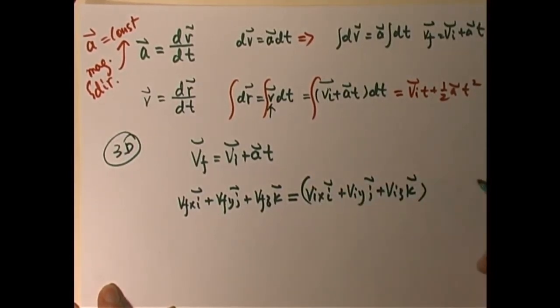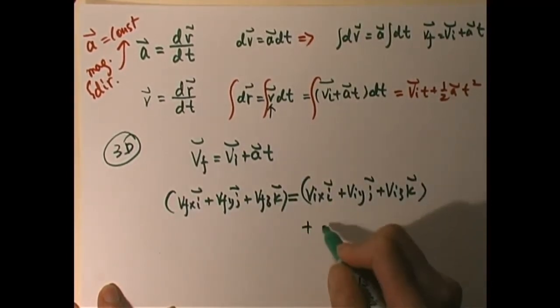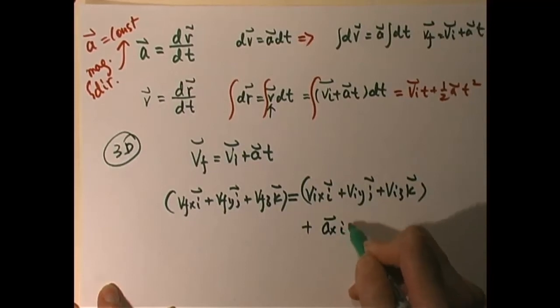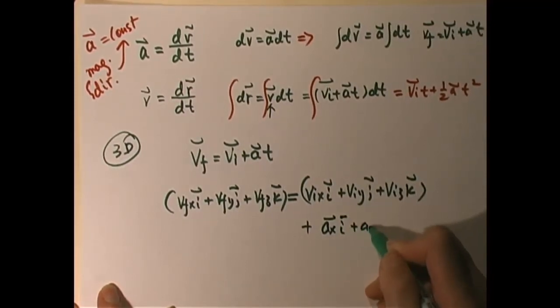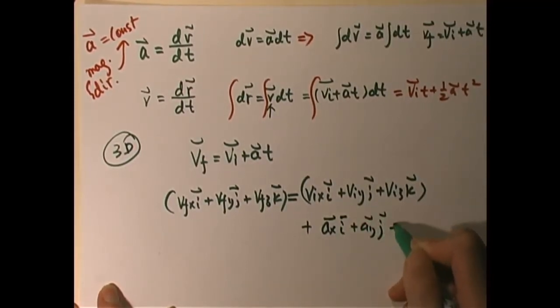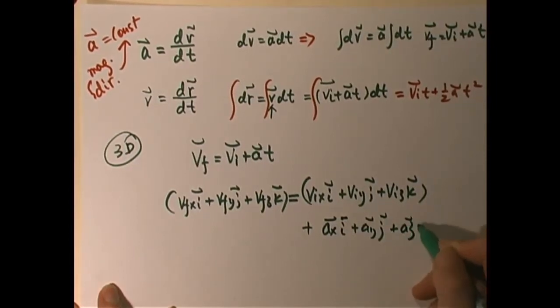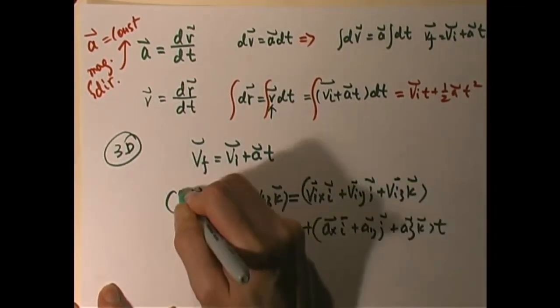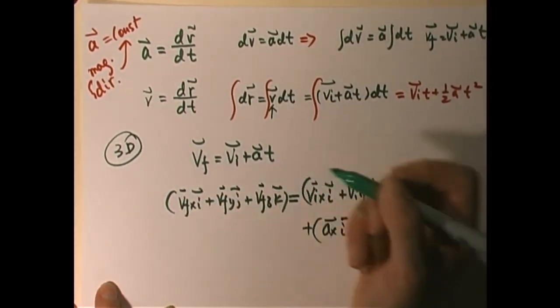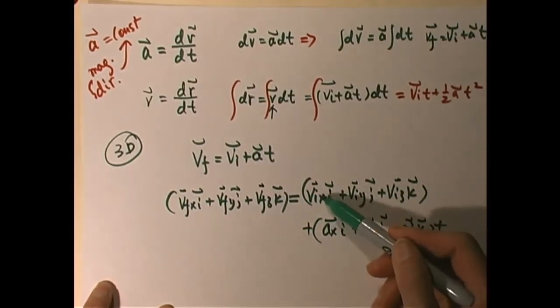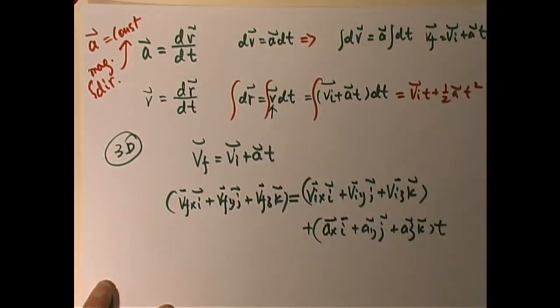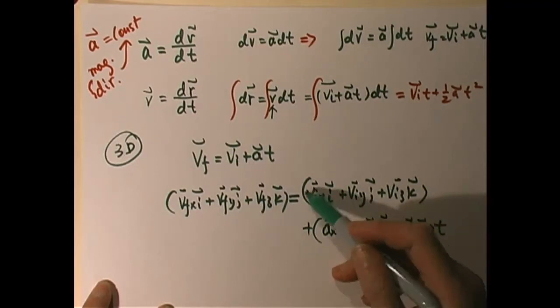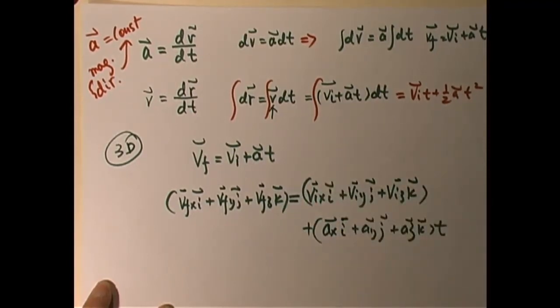That's for the initial term. This is for the final term. They all have i, j, k. And your acceleration will be ax i and ay j, az k, and have a t. Now, these are all vectors, because even though you have initial x velocity, you still can have a choice of x direction to the right or to the left, so it still has a choice of positive, negative.